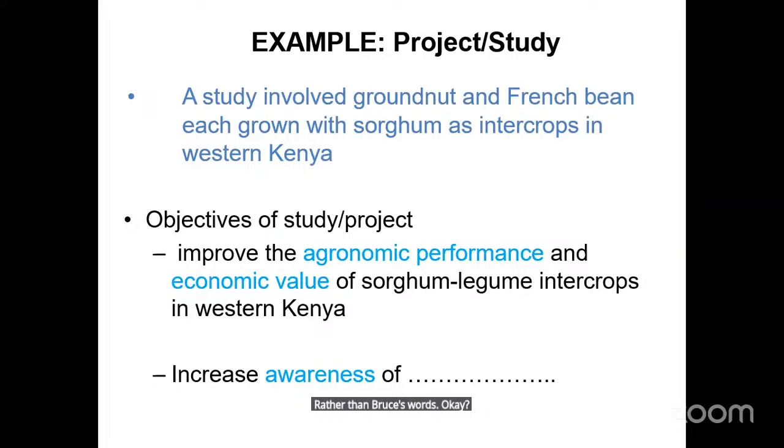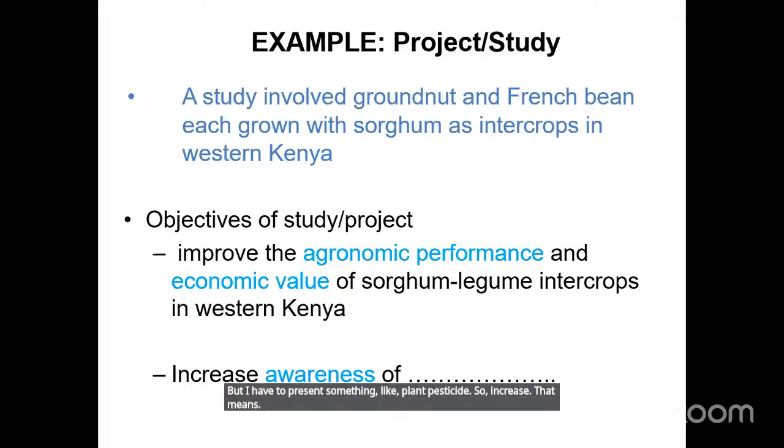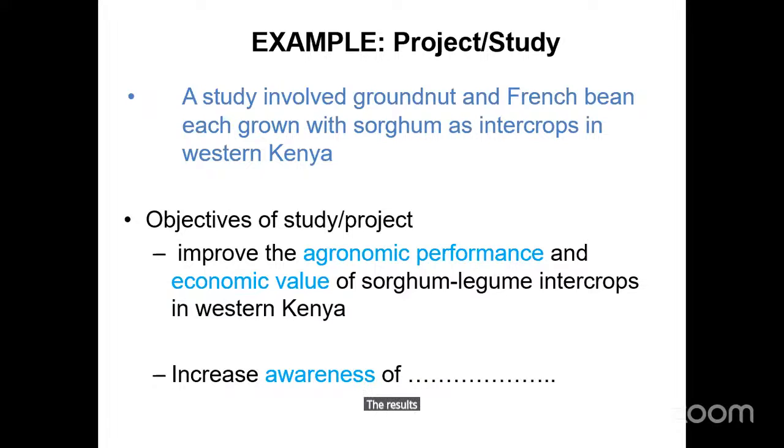To increase awareness, for example, increase awareness of a certain community about the efficacy of a certain plant, something like plant pesticide. So increase, that means the results should show increase, but they can also show decrease.